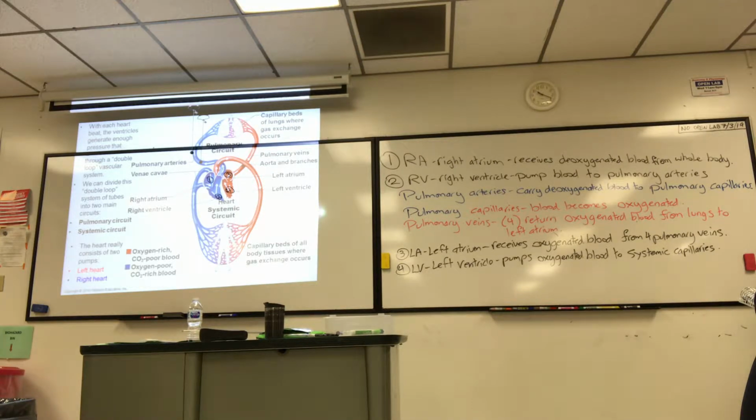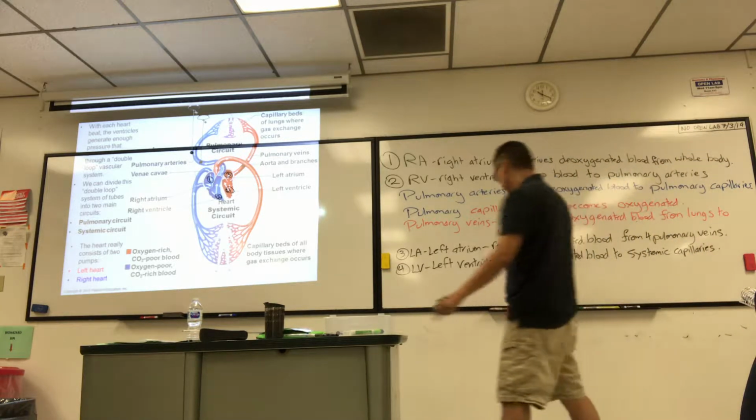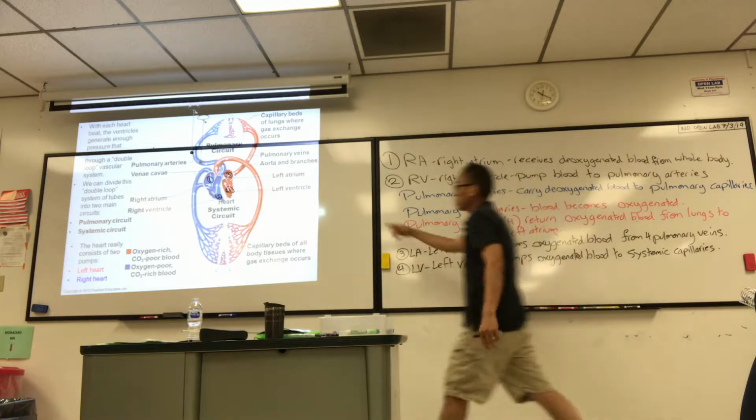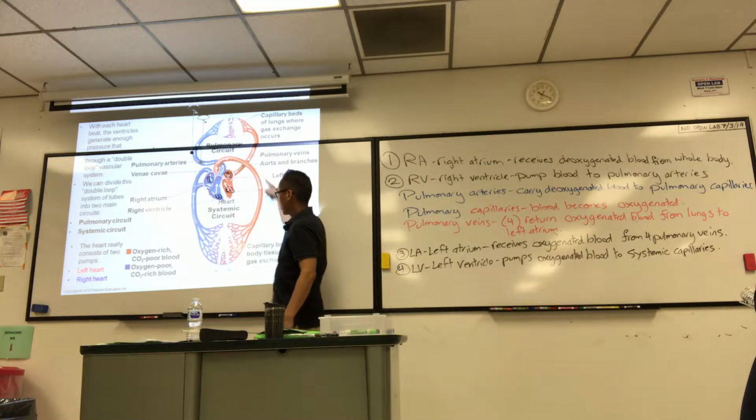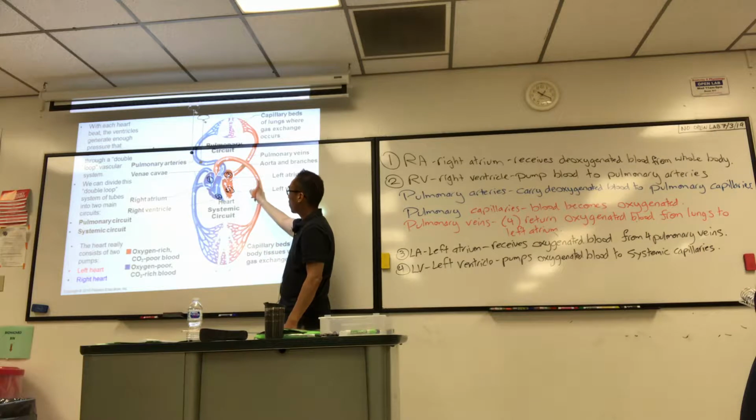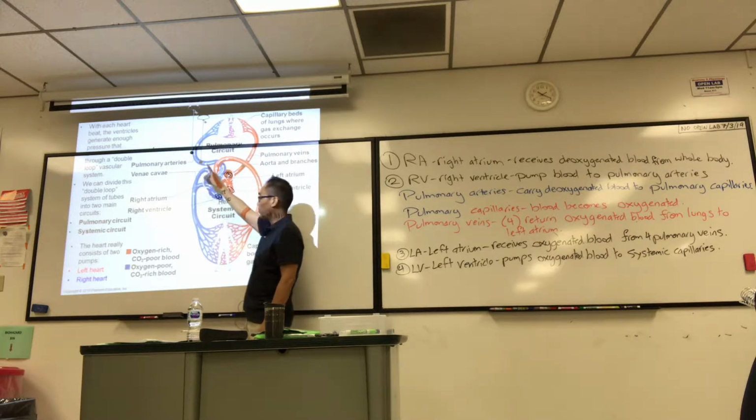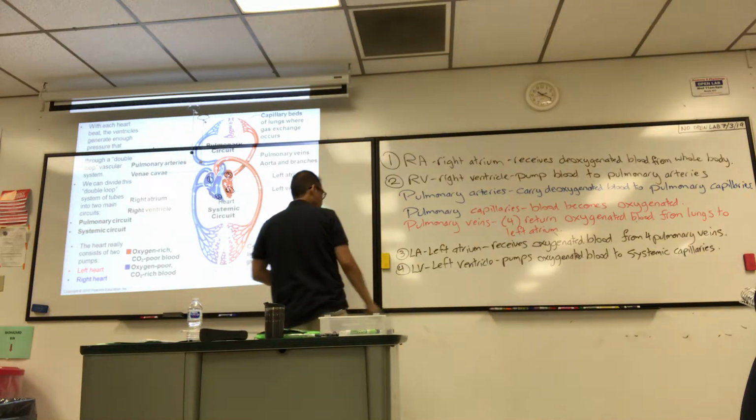Now, systemic arteries will then deliver oxygenated blood to the whole body. Okay. So I kind of skipped this step. Okay, eventually you want to get to the systemic capillaries, but let's call these vessels systemic arteries so you don't confuse it with pulmonary arteries. So let me write that term up here.